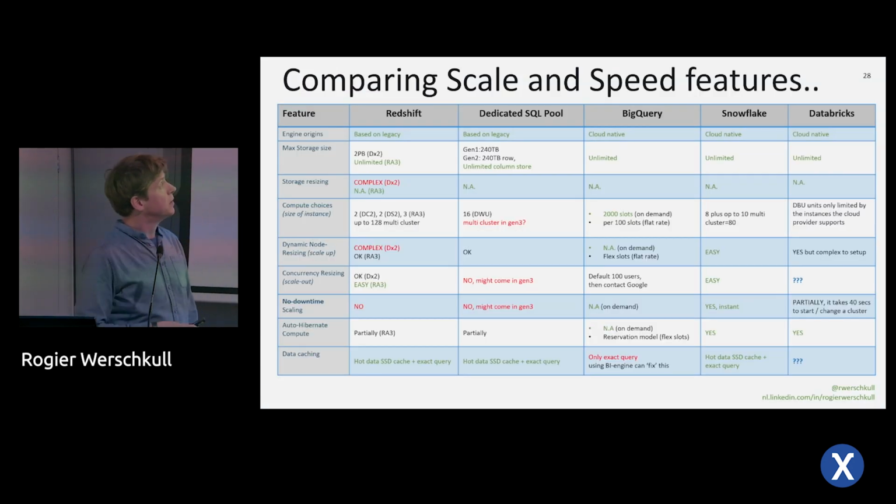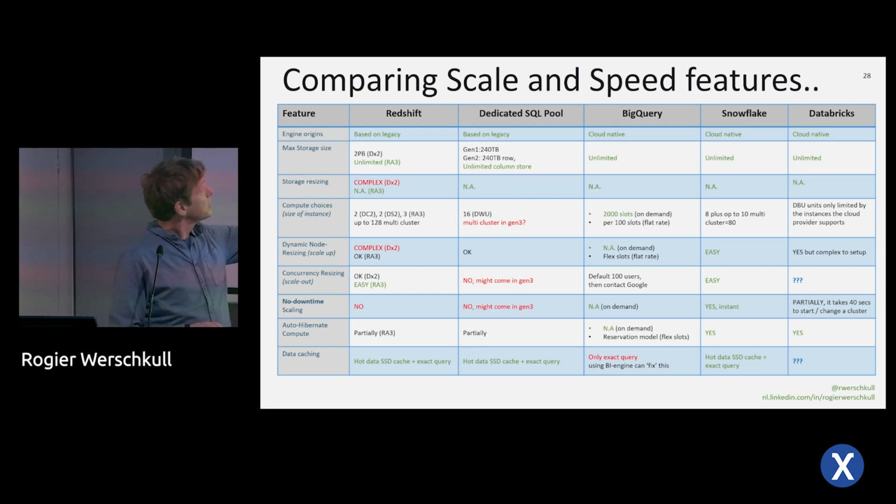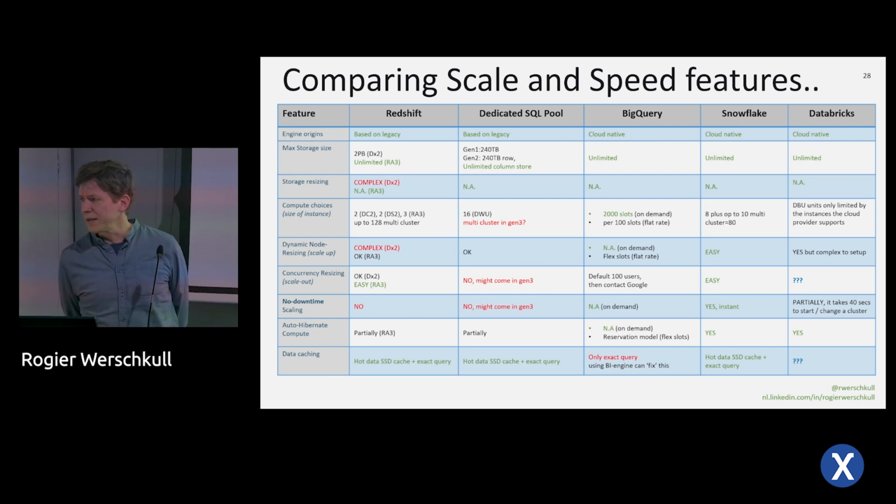Scaling. Here you see a difference starting to emerge that makes me want to say that I prefer Snowflake and BigQuery, and I don't know everything about Databricks yet. You see in the other systems, and it's no coincidence, that these systems were based on more old school legacy on-premise tech, and they still inherit a few of those traits in the way they can scale and resize.